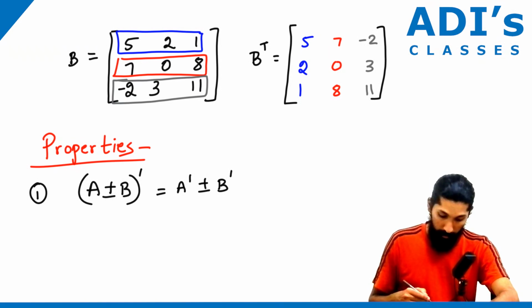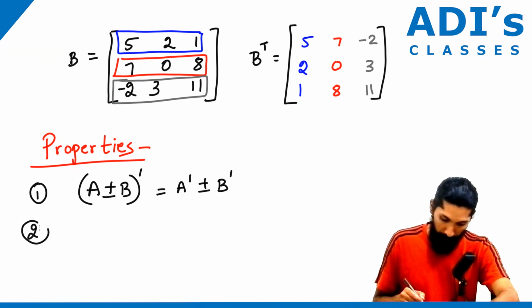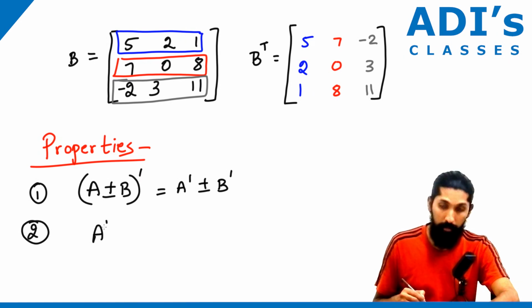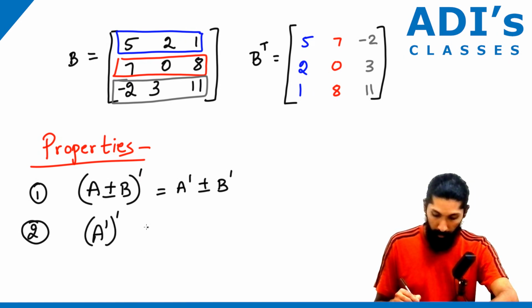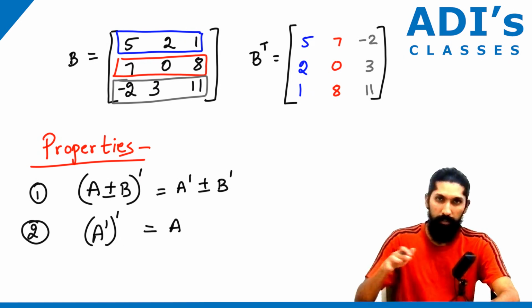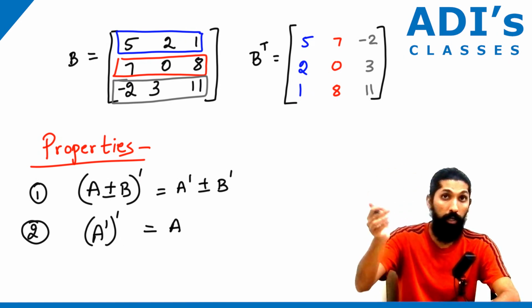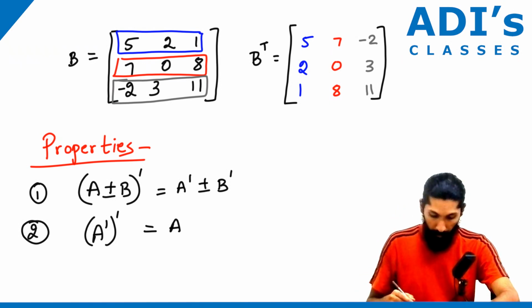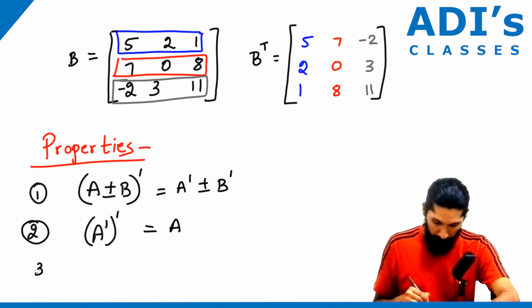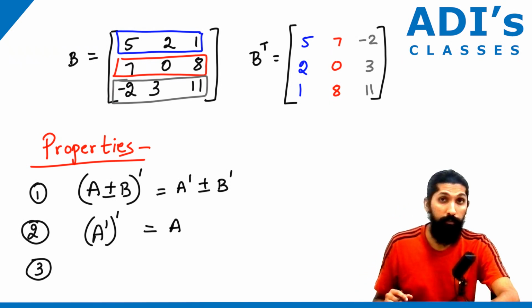Alright. The second property is, if you have A transpose and you do transpose again, then you are going to get A back. Isn't it quite obvious that if you do a transpose of a transpose, you are going to get the matrix again? Okay, then the third property. Now, the third property is quite important because you will have certain proving problems based on this property.